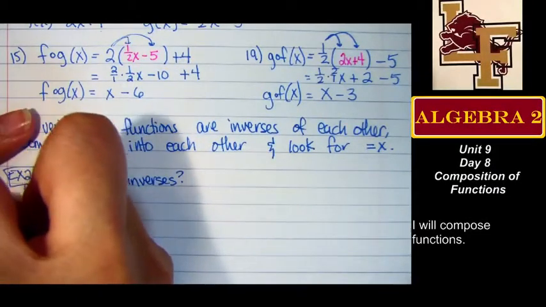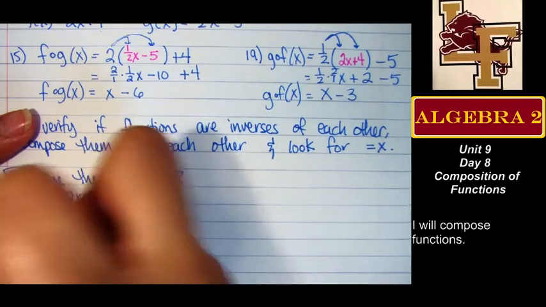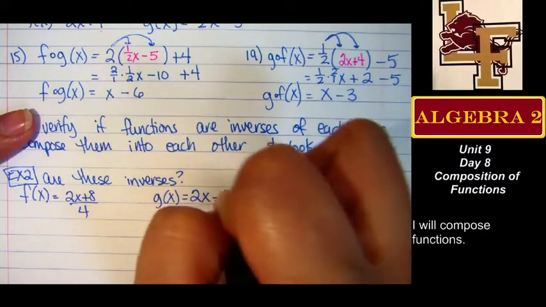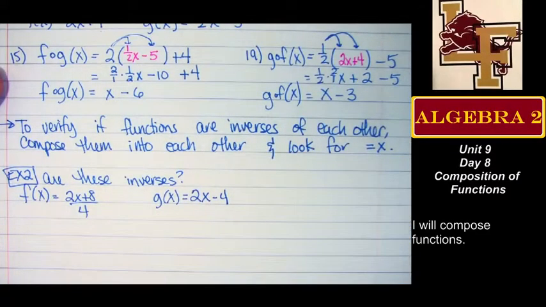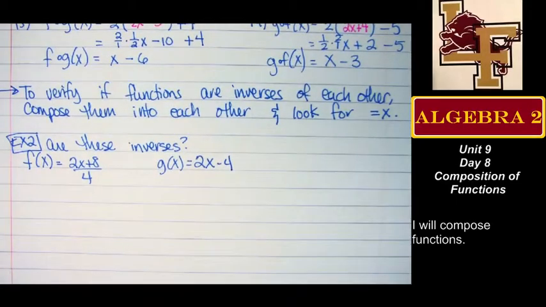So this is example 2 from the one I asked you to take a picture of. Here are the 2 functions that we've been given. And the question that we're asking is, are they inverses? Looking at them, I don't know. But if I compose them into each other, and when I'm done simplifying, I get equals X, they're inverses.